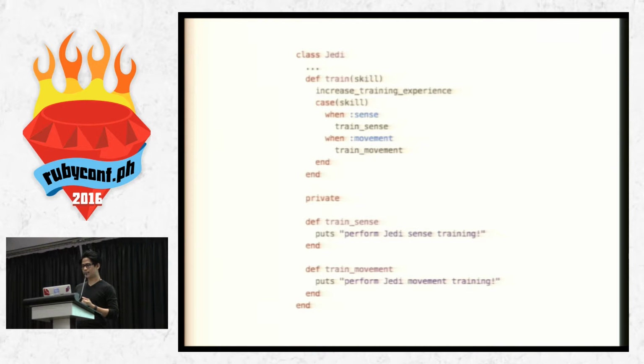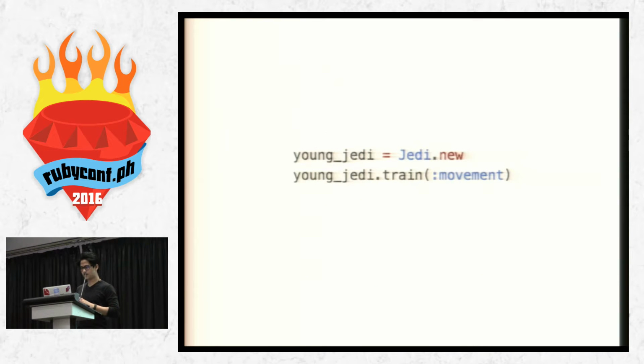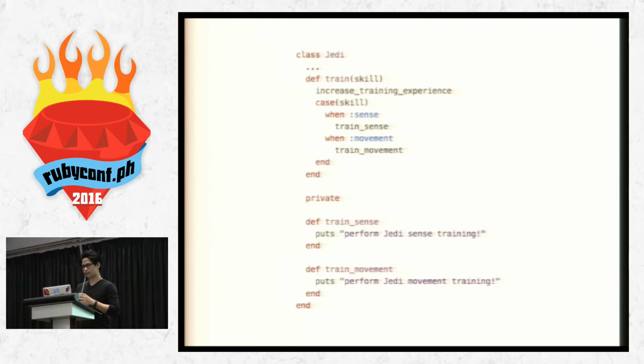So in here we have a Jedi class, and we have a public method called train, which accepts a skill, and then based on the skill it will call a specific method. Say, for example, we have a young Jedi, and you want to train movement, so we go in here to the case when statement.